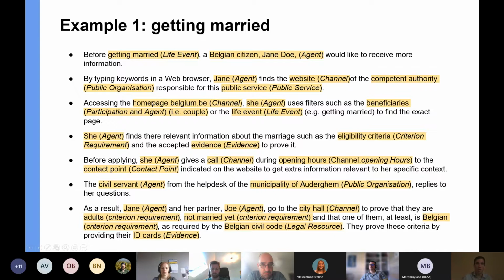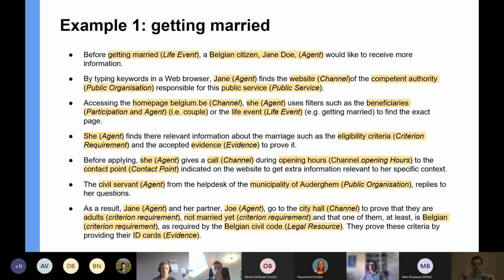So she accesses the homepage, not Belgium.be, but the homepage of Oudergem, and she uses some filters, for example: I want to find information for end users like citizens like me and not businesses, and I'm interested in a specific life event, which is getting married.